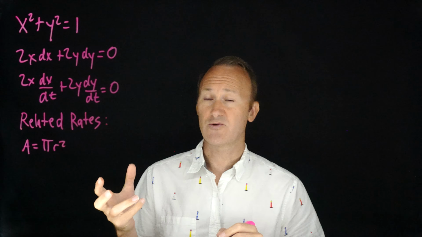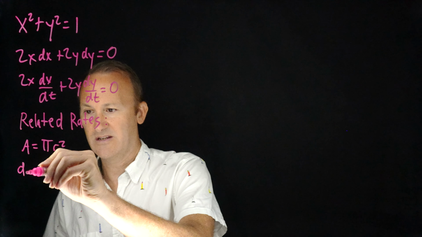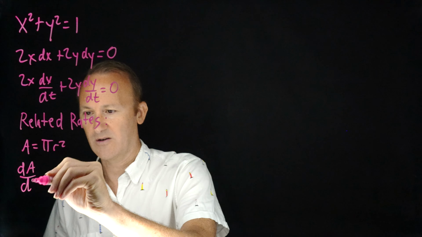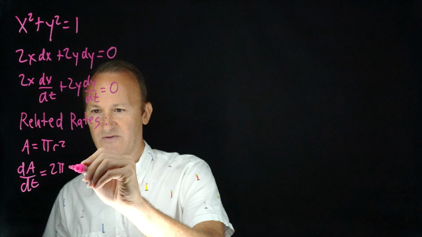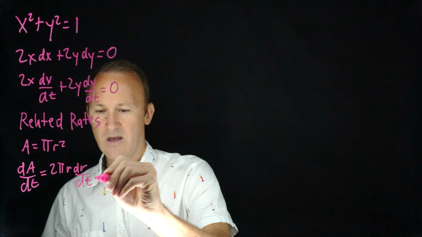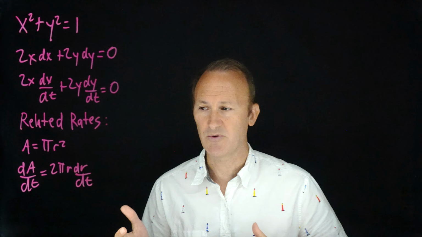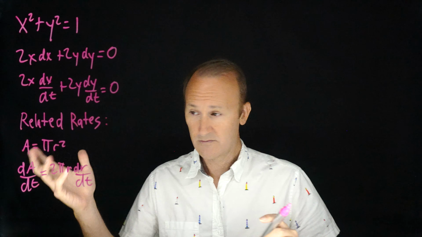So what you do is you take derivatives with respect to t. So you would have dA/dt, okay, equals, just keep taking derivatives, 2 pi r dr/dt. And generally speaking, in these types of problems, you're going to be asked to find one of these.